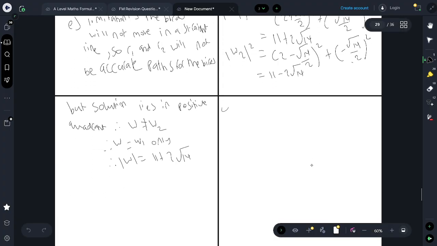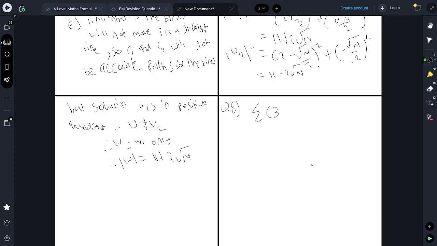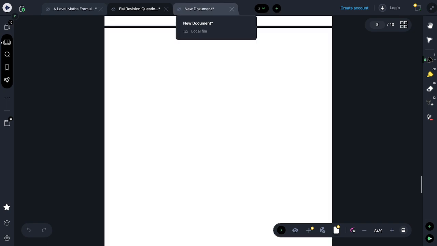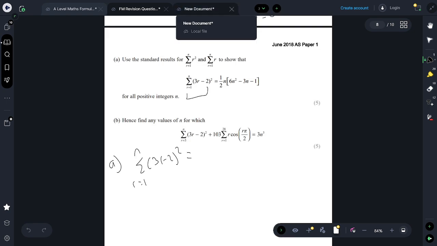Here we are, question 8. The sum from r equals 1 to n of 3r minus 2 squared is going to be the same as, if we expand it, 9r squared minus 12r plus 4. Is that right? Yes, I copied it down.